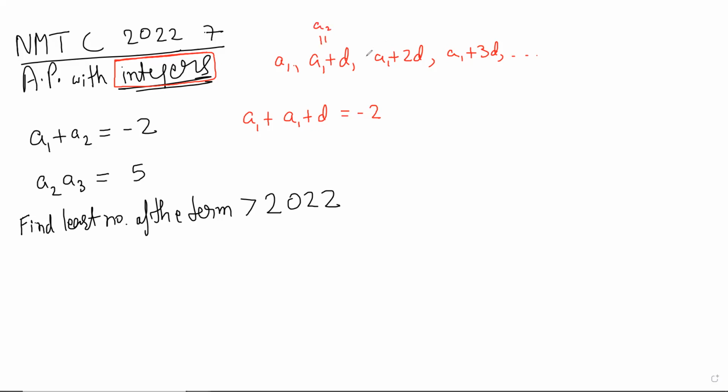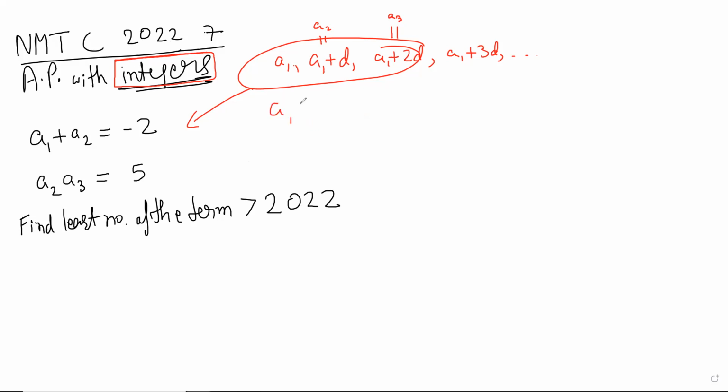That is the arithmetic progression. A3 is A1 plus 2D, and so on. So if you put these values in these equations, you'll be able to solve for A1 and D. I got A1 as -3, A2 as 1, and A3 as 5.